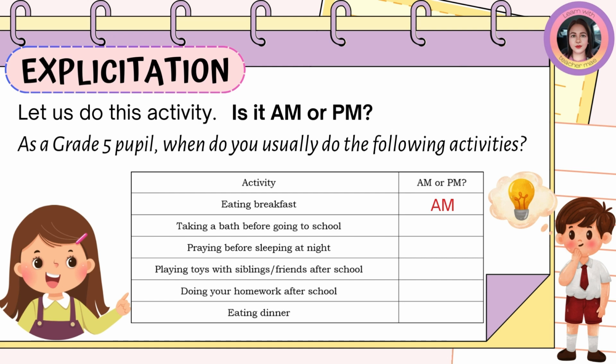The answer is AM. Taking a bath before going to school. Is it AM or PM? The answer is AM. Praying before sleeping at night. Is it AM or PM?